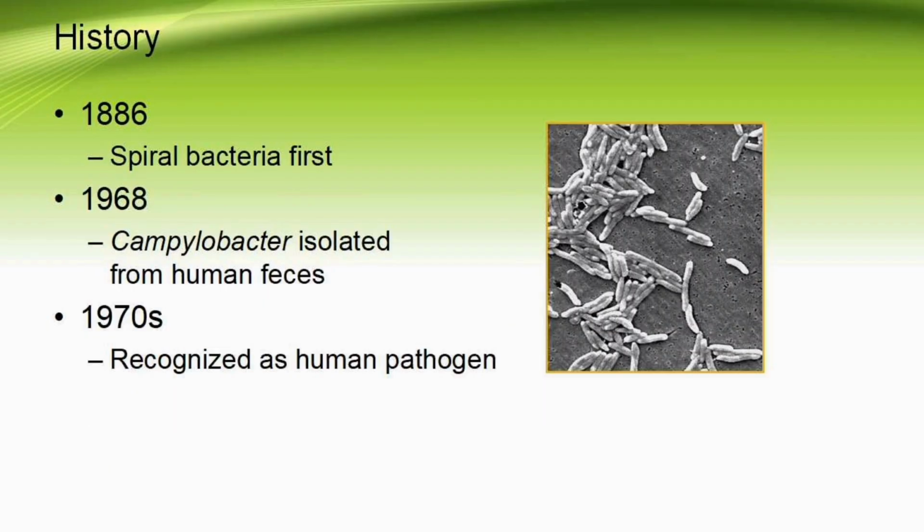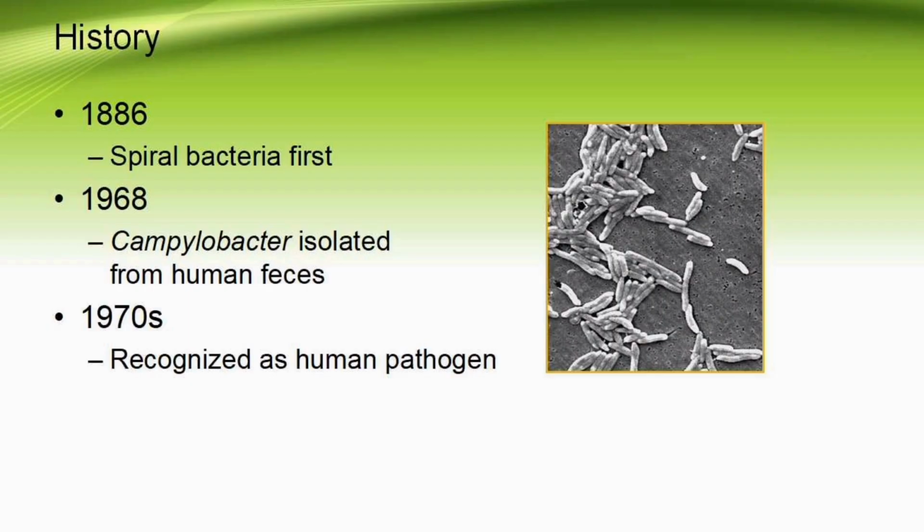In 1886, the German scientist Escherich published a series of articles that described a spiral bacteria in the colons of children who had died of what he called cholera infantum. This work, however, went largely unrecognized until the 1980s.